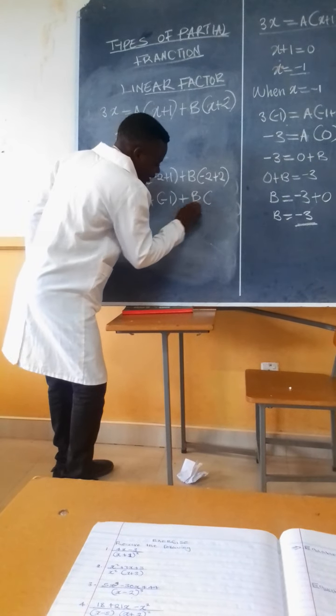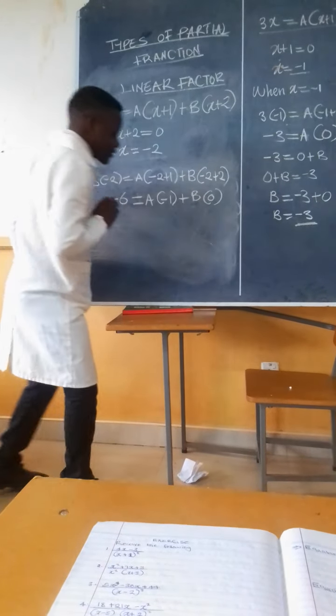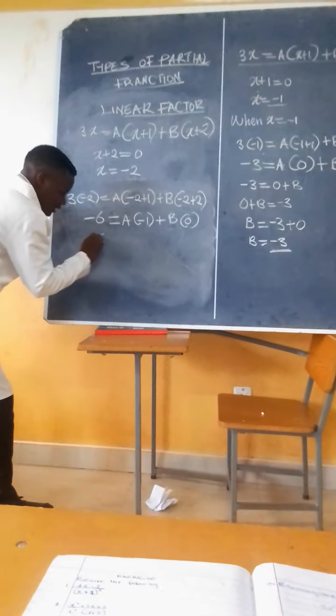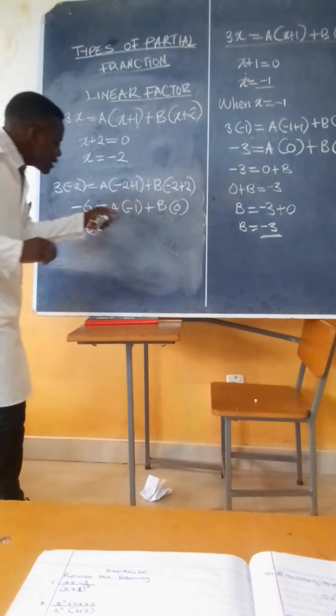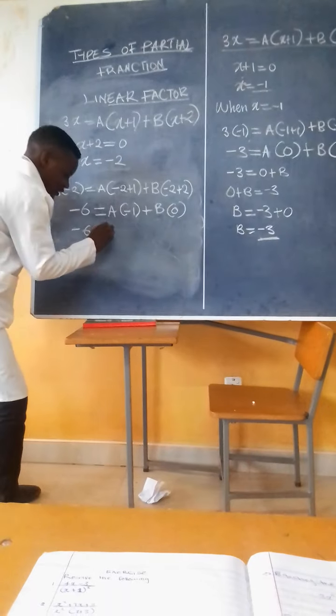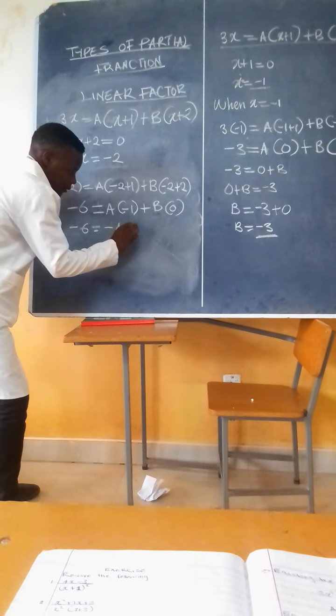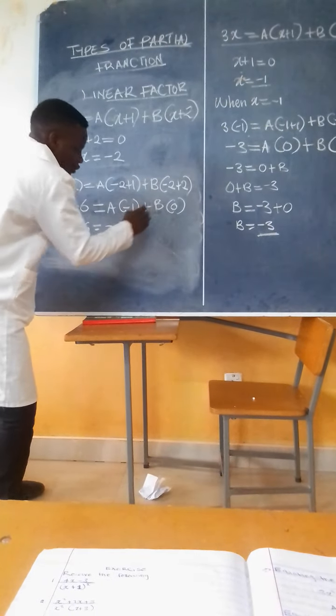So, b open bracket, 0, close bracket. Negative 6 is equal to a times negative 1. The answer is negative a, plus b times 0.